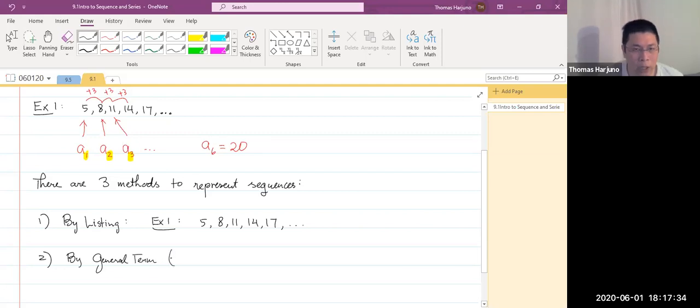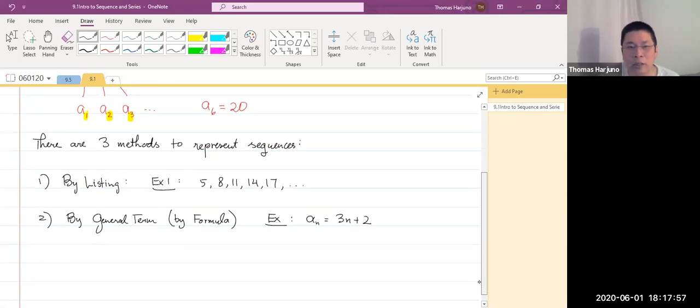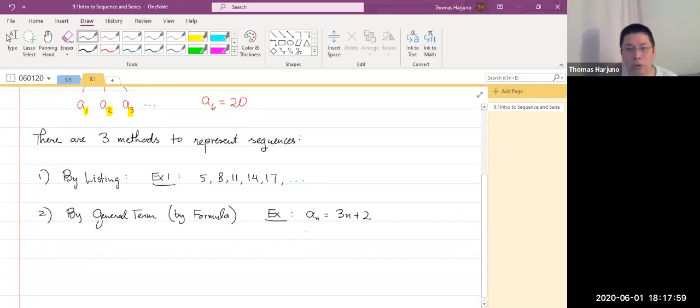Now, the second method is by general term, or sometimes we call that by formula. For example, I say a sub n equals 3n plus 2. So I give you the formula instead, and you see this as a function. When n equals 1, that would be 3 times 1 plus 2, that's 5. When n equals 2, that's 3 times 2 plus 2, that's 8.